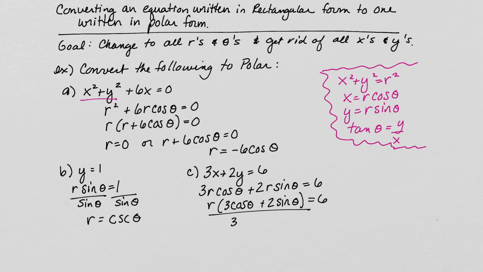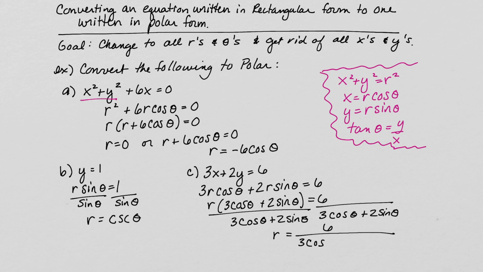Then we're going to divide both sides by 3 cosine theta plus 2 sine theta. So this tells us that r is equal to 6 divided by 3 cosine theta plus 2 sine theta. There's not really anything else for me to do there, so that is all that you get for that equation.